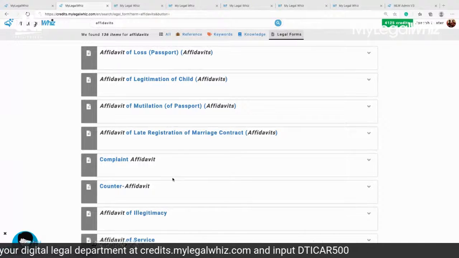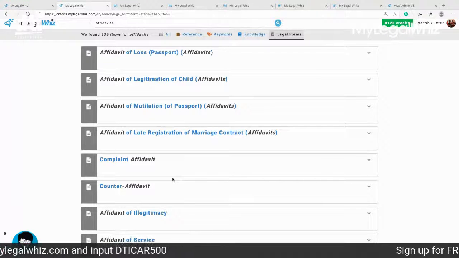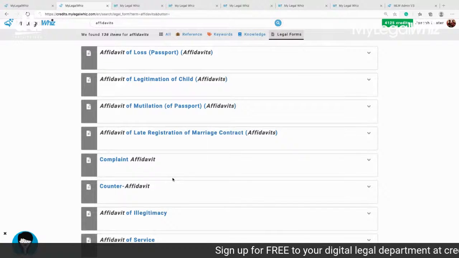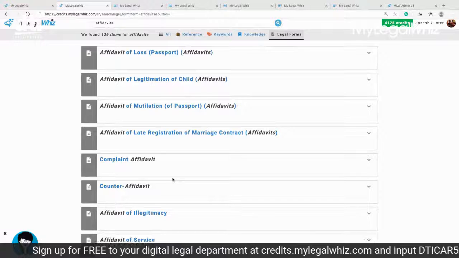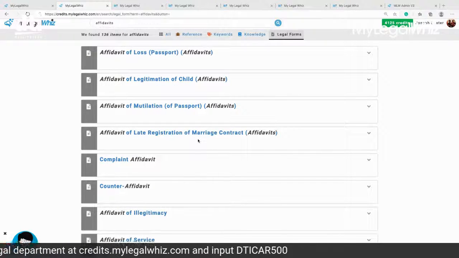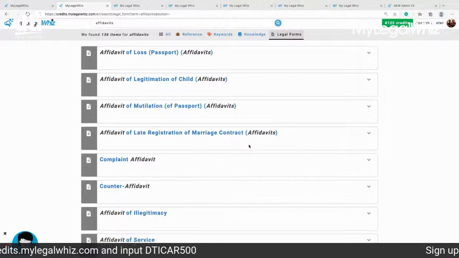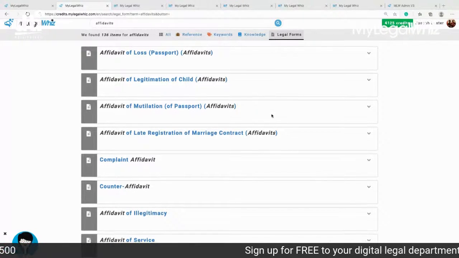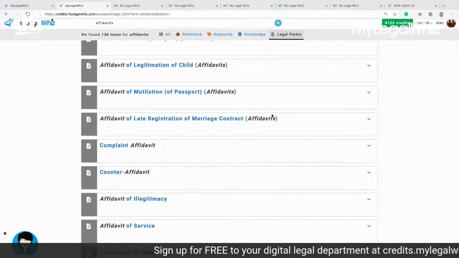And I think siguro just in my experience, especially with talking with lawyers that I've worked with, when I tell them about MyLegalWhiz, usually yung question na tinatanong ng lahat is, is MyLegalWhiz a replacement of lawyers? I don't think so. Kasi when I talk to lawyers about MyLegalWhiz, they're actually happy. They're not threatened.